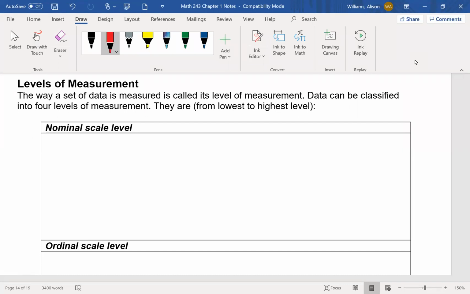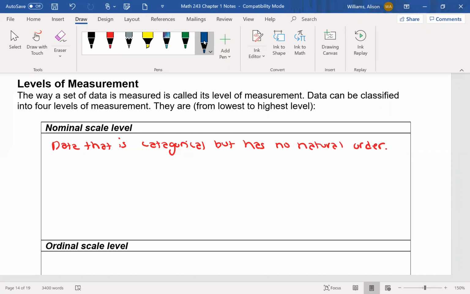So nominal scale data is data that is categorical, but has no natural order. Let me give you an example of what I mean by data that doesn't have a natural order.